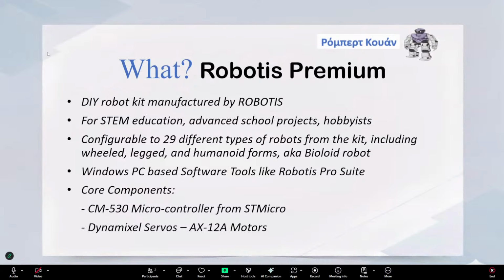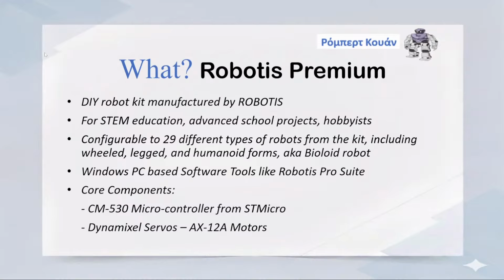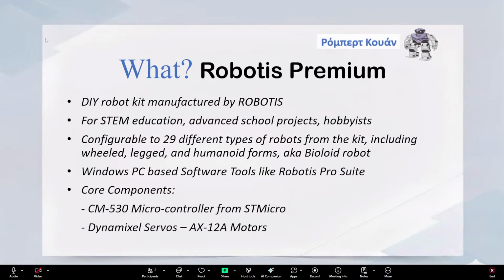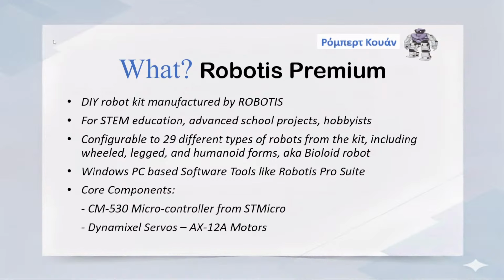First, what is a Robotis Premium robot? This is actually a DIY robot kit manufactured by the Korean maker Robotis, mainly for STEM education or hobbyist projects. It allows 29 different types of robot configurations to be built from that DIY kit.